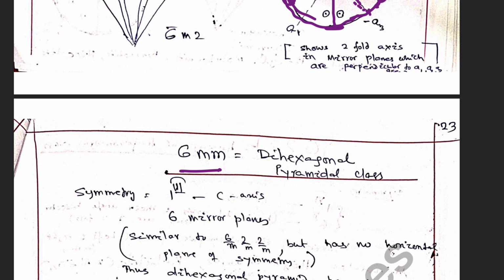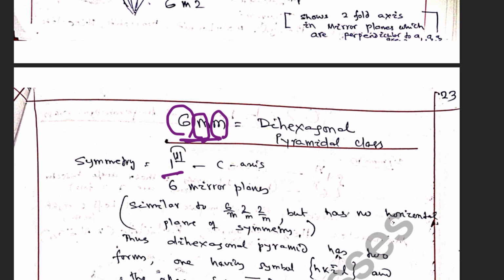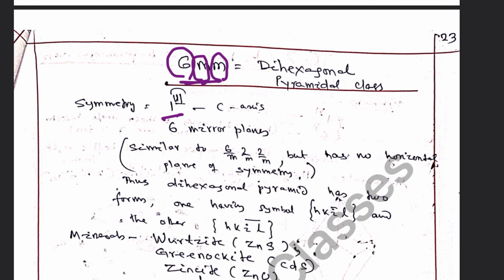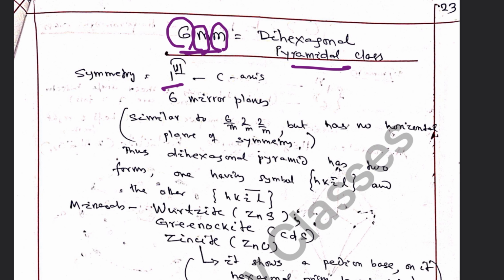Then 6mm. It is one axis of 6-fold, three axial mirror planes, three diagonal mirror planes. So it is the dihexagonal pyramidal class.